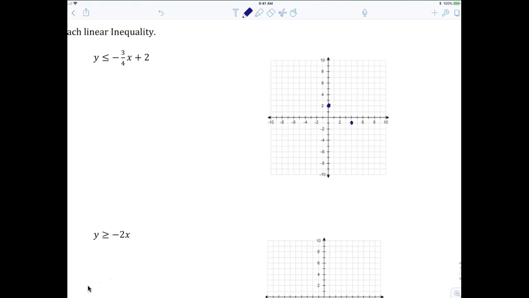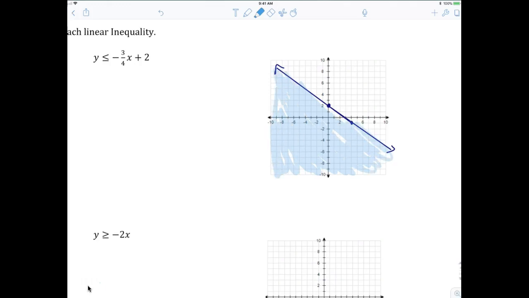What type of line? Why is it solid? Because it's equal to. Beautiful. Right? And now from there we're going to what? Yep, we're going to shade below. Right? Shade below the mountain.